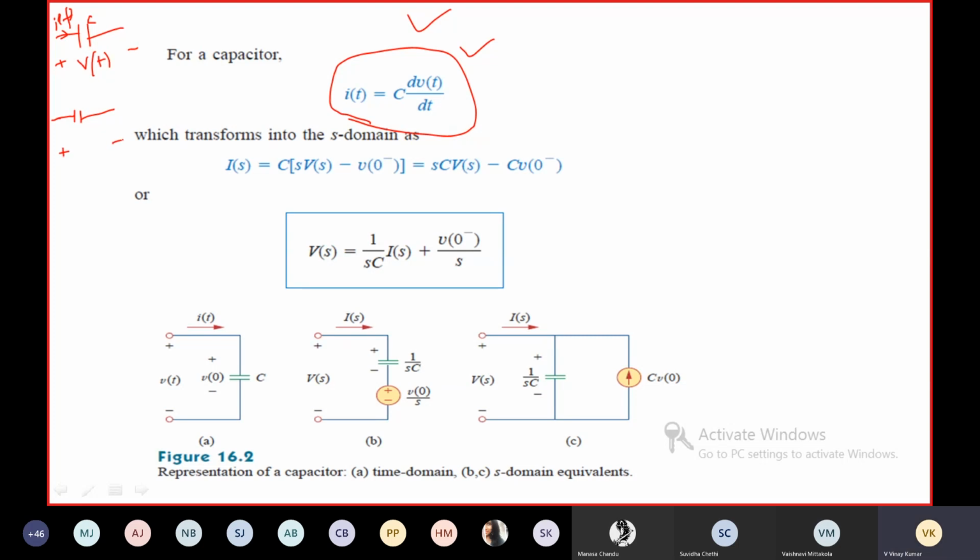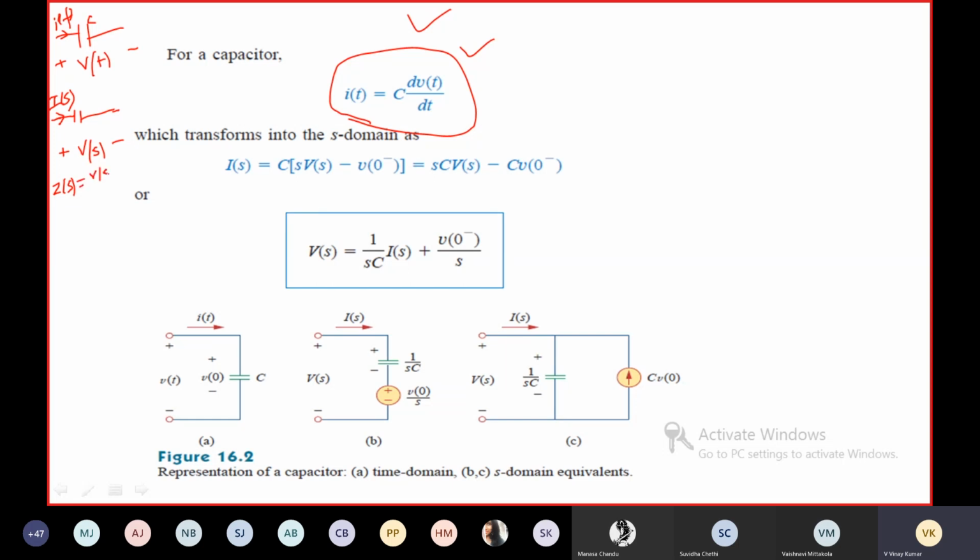V of t is the voltage across the capacitor in time domain, then V of s is the voltage across the capacitor in S domain. I of t is the current flowing through the capacitor in time domain, then I of s is the current in S domain. Now, what will be the impedance? Impedance is always the ratio of voltage to current.